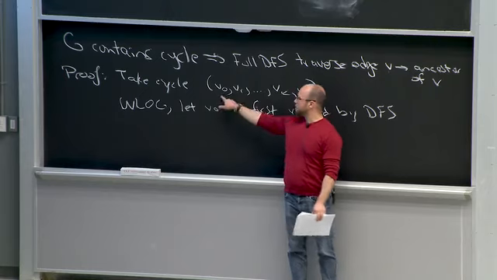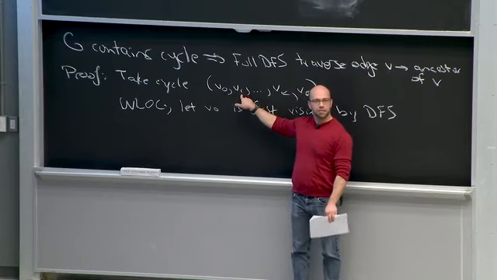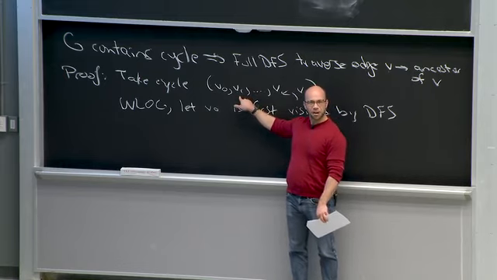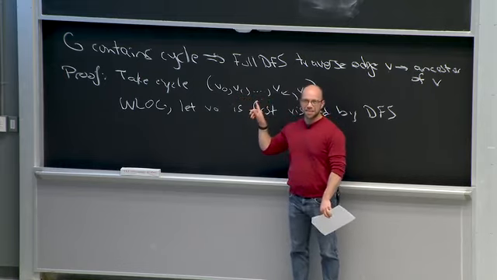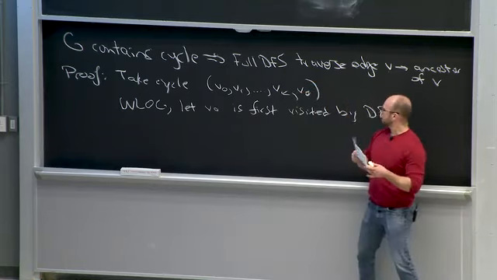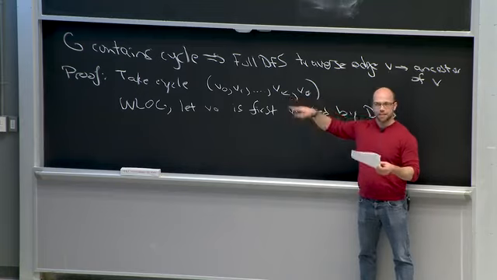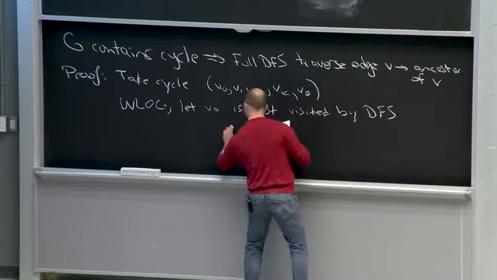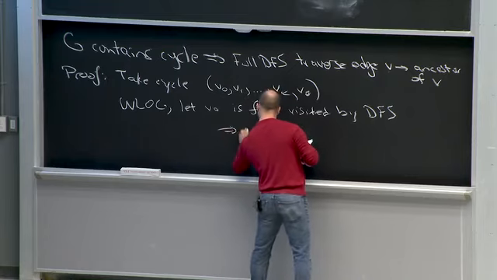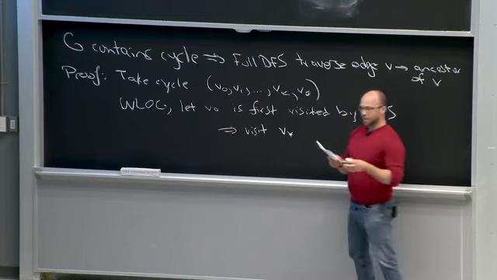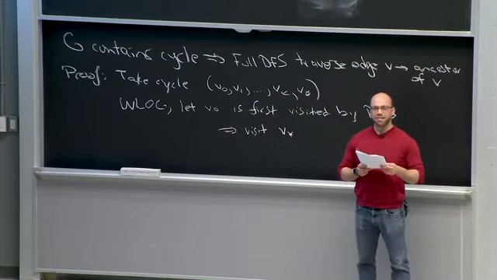For instance, V0, somewhere in its call tree, might call V1. And notice that V1 was not already visited, so in fact it will. From V1, I get to call V2, and so on. And in particular, we're going to get all the way to vertex VK, so in other words, we're going to visit vertex VK.